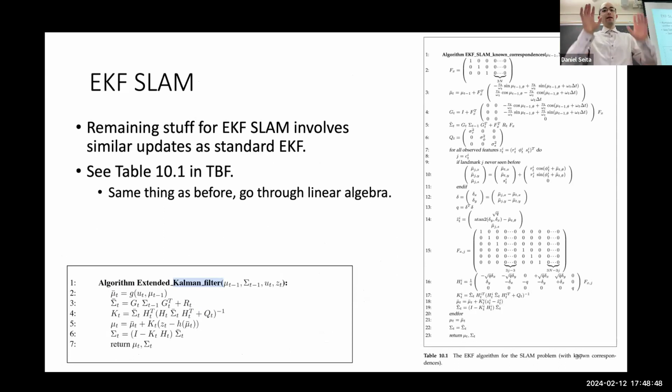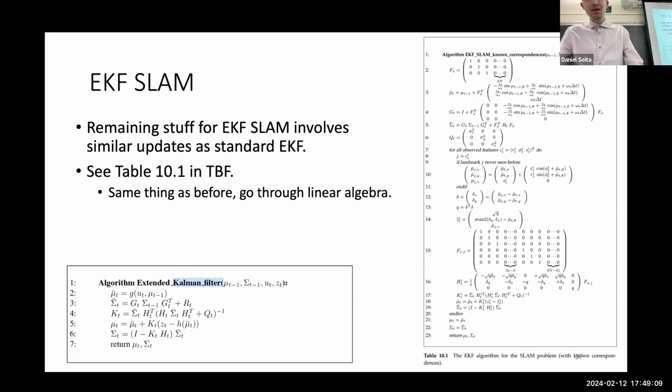So, trying to wrap up this algorithm. With EKF SLAM, most of the updates are very similar to EKF localization, except you have to make your matrices much fatter or much taller in order to accommodate the extra map information.